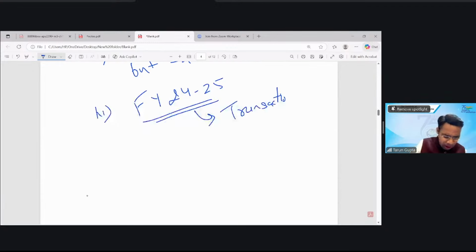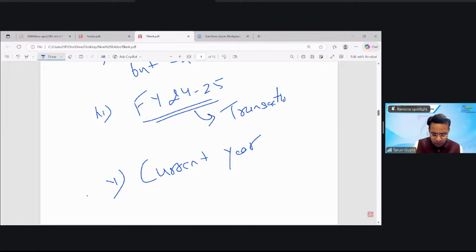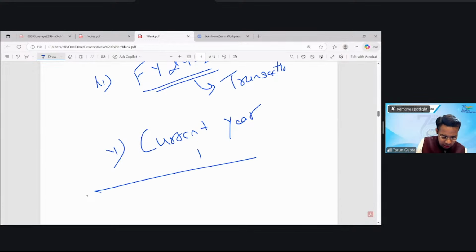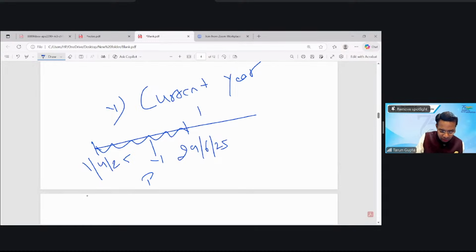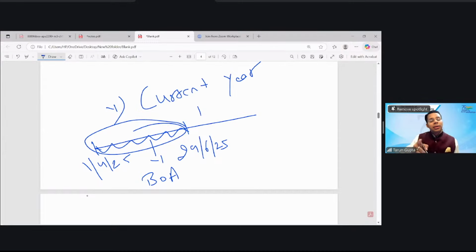Okay. Then for the current year, it divides the current year in two parts. In our case, from 1st April 25 to 29th June 25. Even for this period, if the transaction is recorded in the books of account, then you cannot say that income for this period is undisclosed, to the extent the transactions are recorded in the books of account.